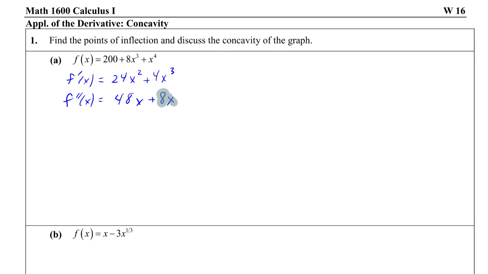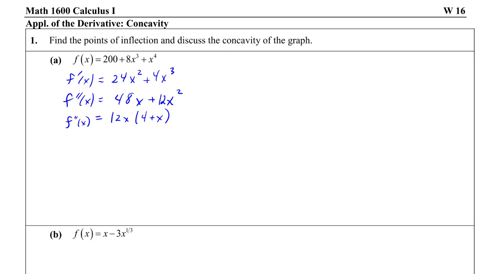I'm sorry, or in other words, that would be, take out a 12x, 4 plus x, and there's our second derivative.